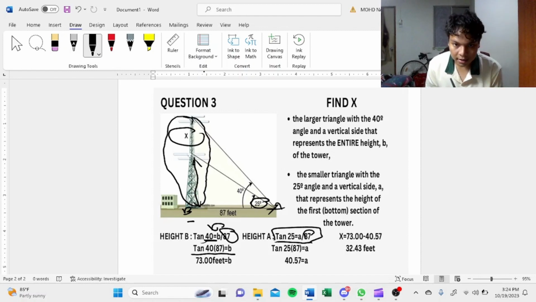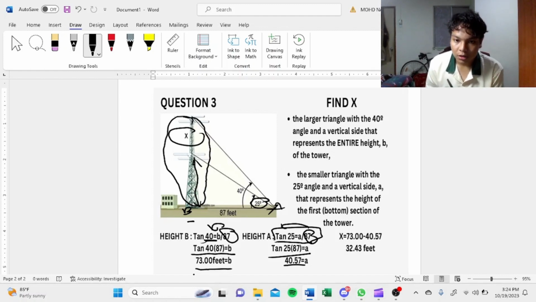So we just use the same technique. We take the 87 to the other side and it will get tan 25 times 87. So we will get the answer is 40.57. For the first one, the whole height is 73 feet.